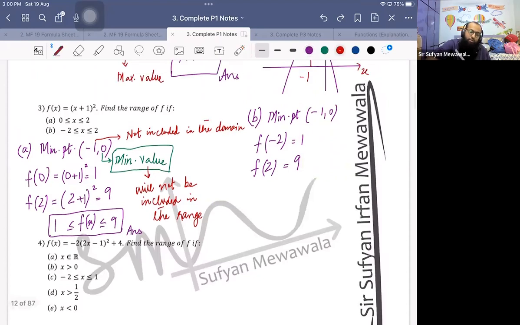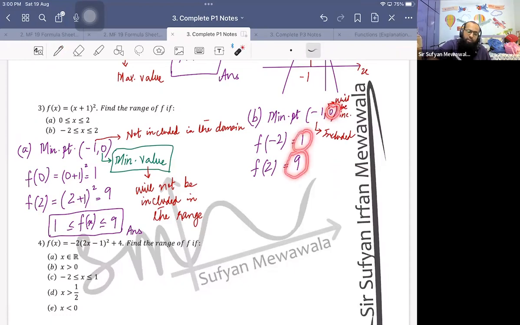Yes, very good. This is included in the domain. This will be included. So now 0 is one of the values of y. 1 is another value. 9 is another value.